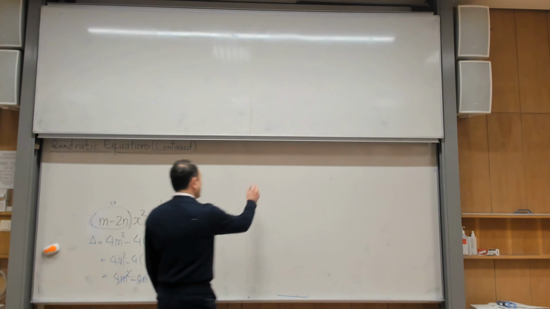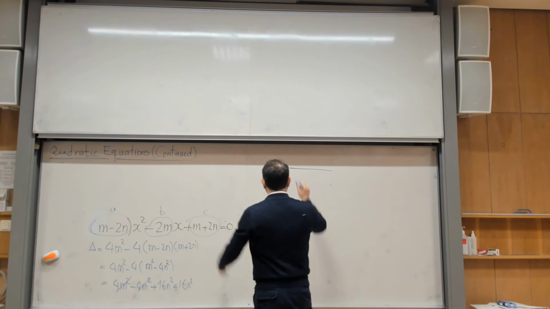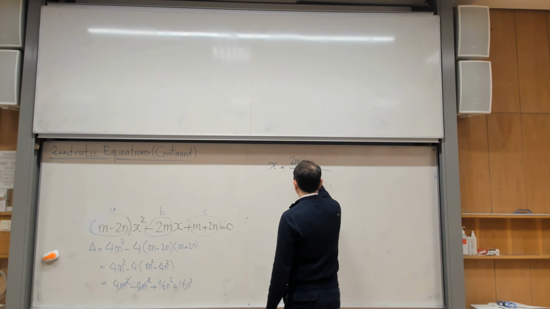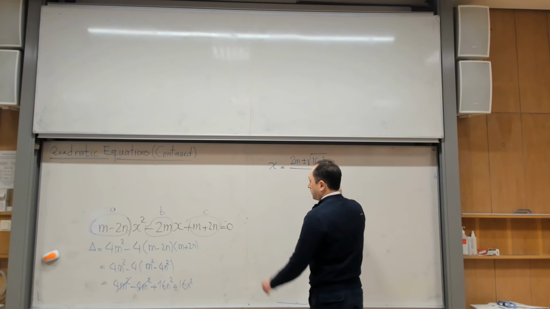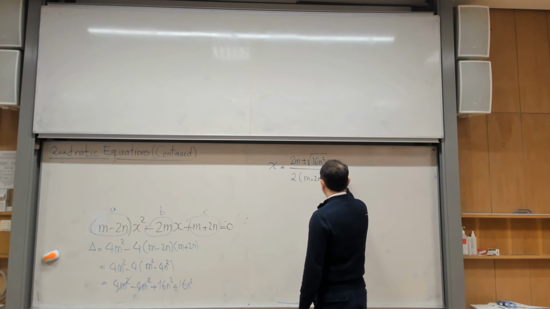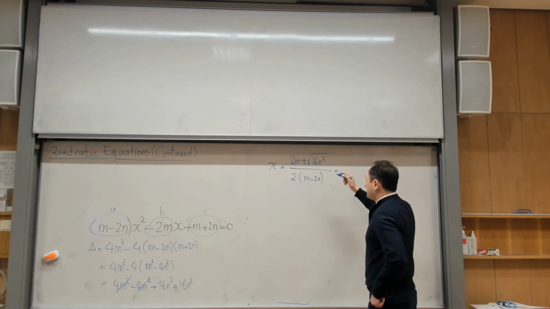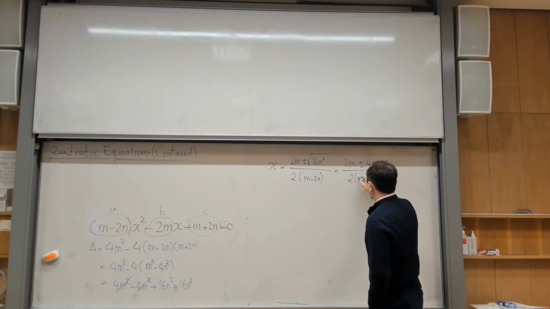So then your answer is x equals minus b. Minus b becomes positive 2m plus or minus the square root of your delta, which is this number, divided by 2 times your a. And then simplification is also needed here. You see 2m, the square root of 16n squared is 4n, divided by 2 times m minus 2n.